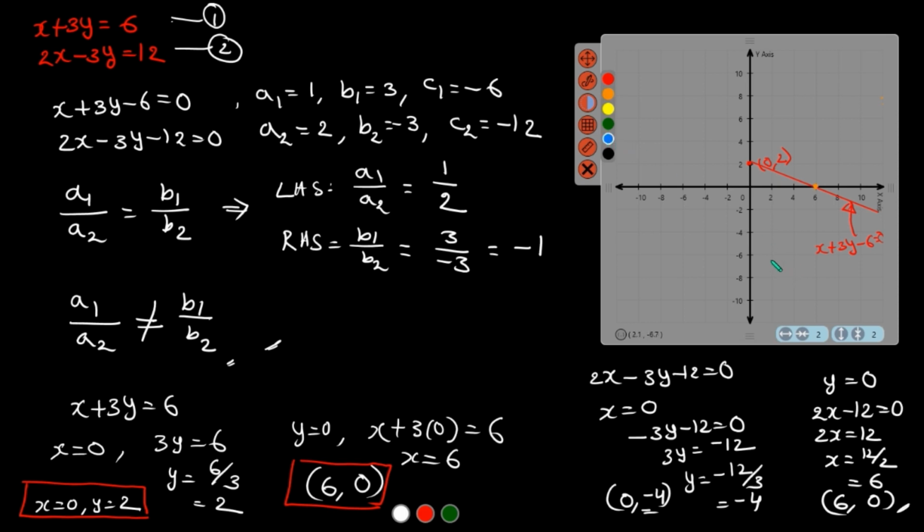So let's mark the first point. When x is equal to 0, y is minus 4. So this is the point. What is another point? When x is 6, y is 0. So this is the other point. Let's draw a line passing through these 2 points.